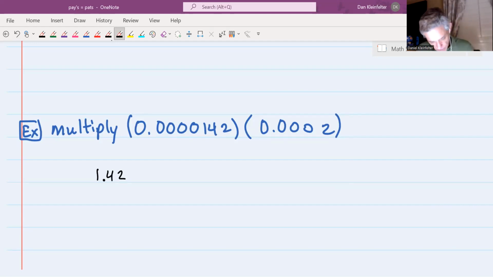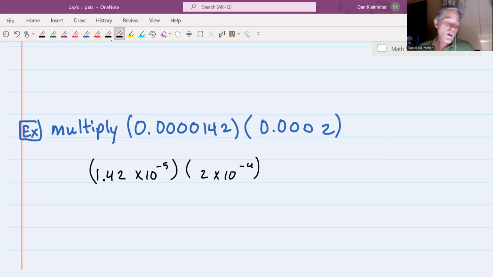So to get there, I had to move the decimal point 1, 2, 3, 4, 5 places. So that's times 10 to the minus 5 power. 0.0002, there, that's 2 times 10 raised to the 1, 2, 3, 4, minus 4 power. Okay, so now we can multiply these two numbers together.